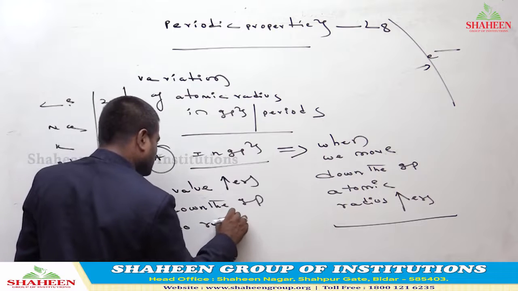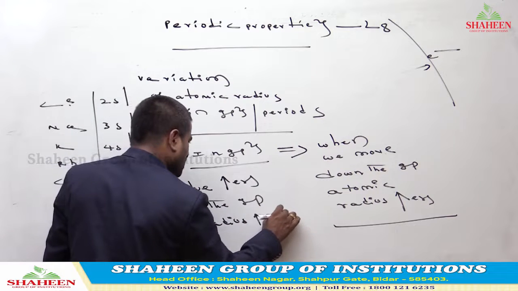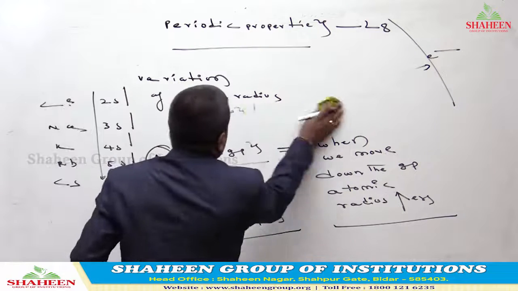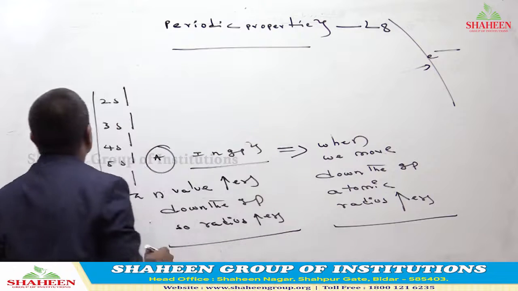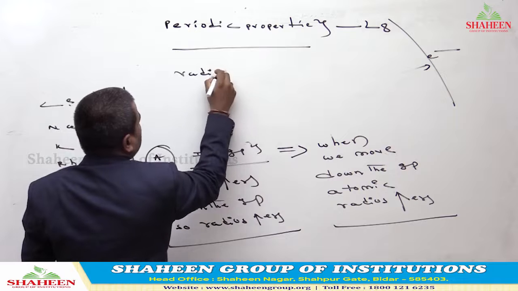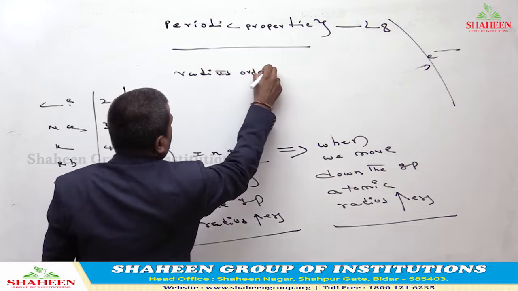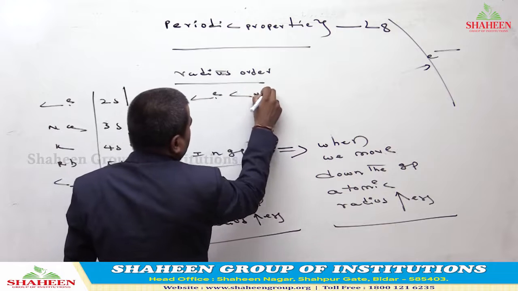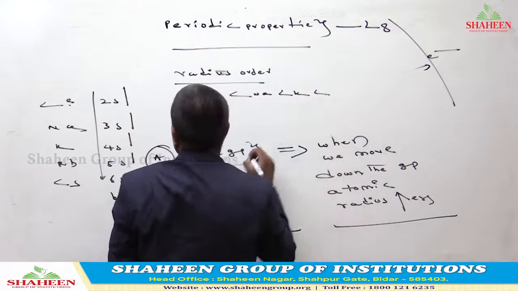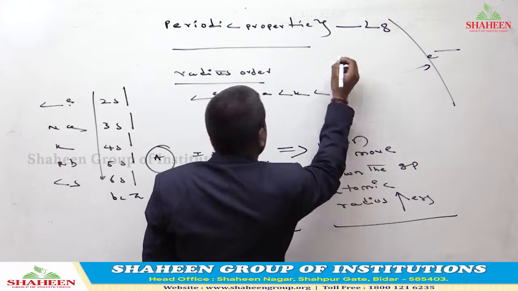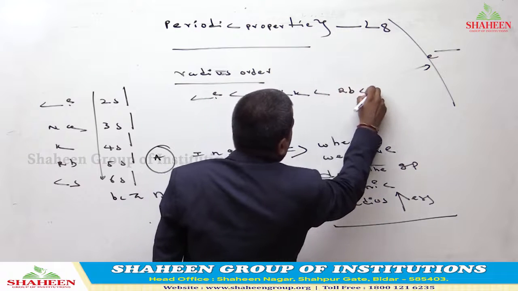Therefore the radius order is lithium less than sodium, less than potassium, less than rubidium, less than cesium.